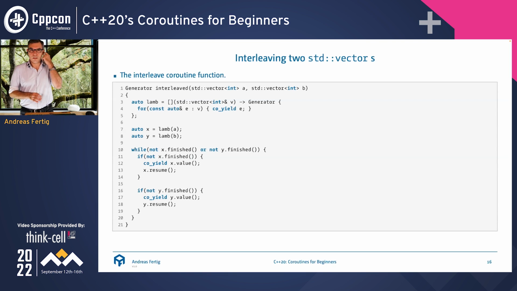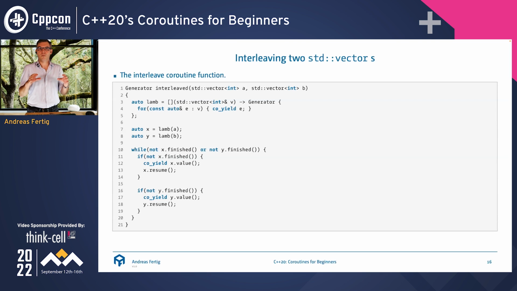Now, inside the coroutine in line number 3, we see another element that can be a coroutine, and that's a lambda. In line number 3 here, I'm creating a lambda, lamp, and that one, as you can see at the very end, returns a generator type, and it takes a std::vector<int> by reference. And then in line number 4, you see the usual pattern you so often see with coroutines.